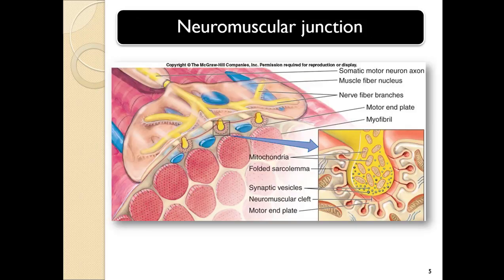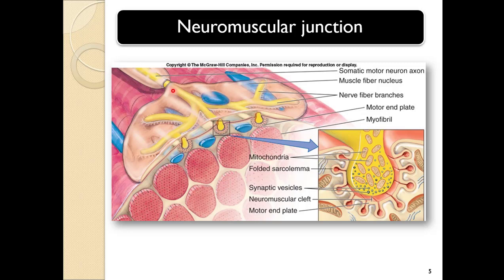This is another look at the neuromuscular junction, backing up to where the neuron meets the muscle. I just wanted to show this picture to show how invaginated the nerve is into the muscle. In the top part of this picture, we can see an end plate that's been cut in half, so we can see the inside of it as well as the underlying muscle below it.